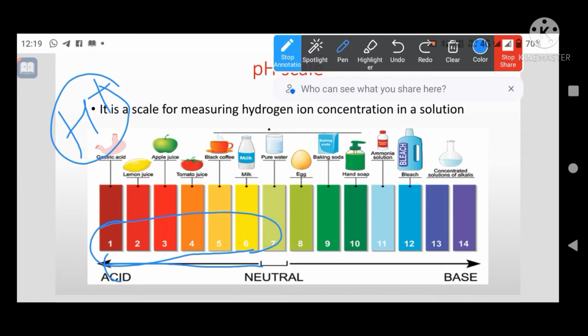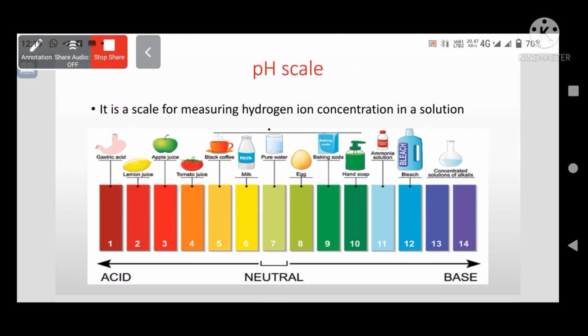And here are the numbers 1 to 14 on the pH scale. This is the neutral solution on the scale. Here we measure the hydrogen ion concentration in solutions.